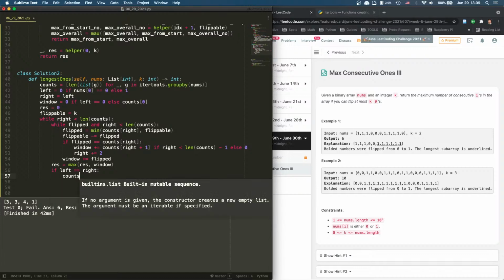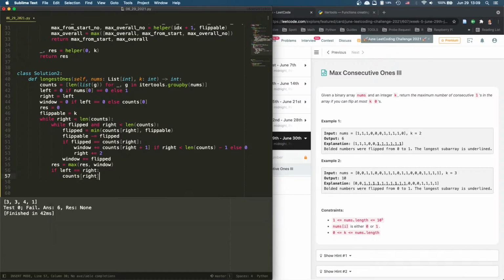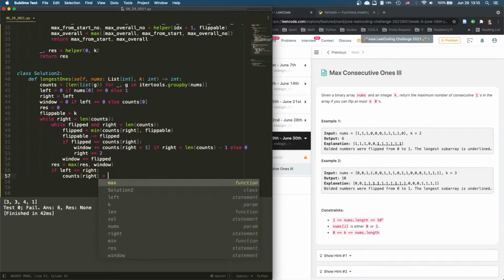Yeah, we say counts right equals what? Counts right. If left and the right end in the same position, that means it's like this. So when I say counts right equal, all the flips, everything is held inside one position.